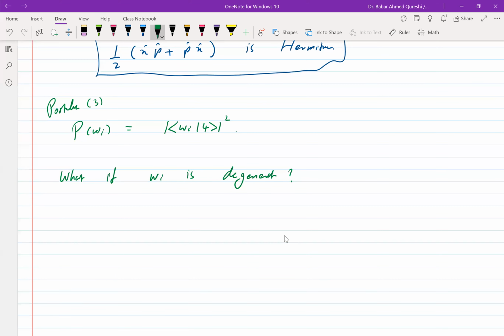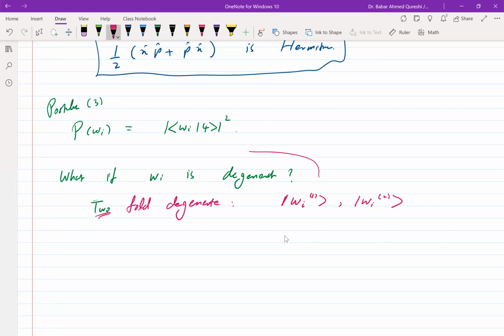So suppose it's twofold degenerate, just for simplicity of argument. What does this word twofold mean? That means you have only two linearly independent vectors, let's say w_i1 and w_i2, for which you get the same eigenvalue.